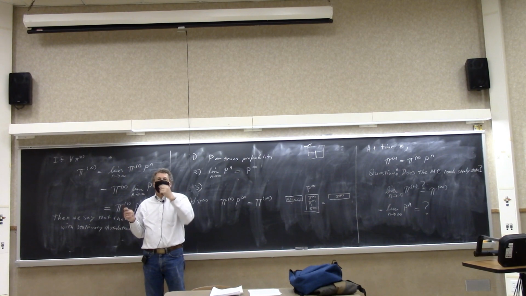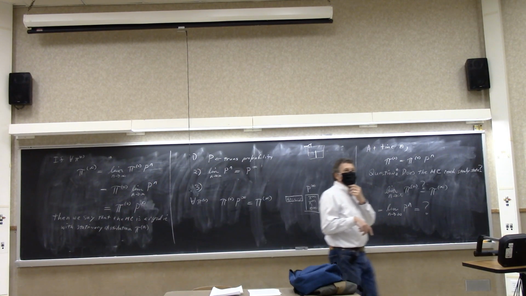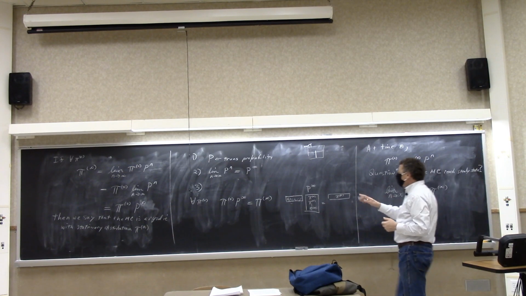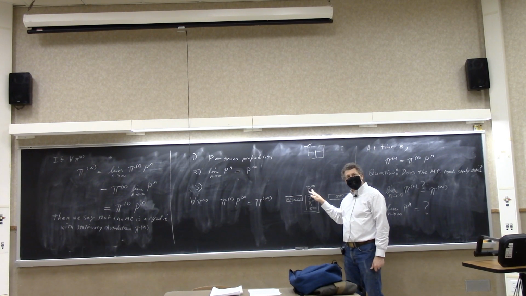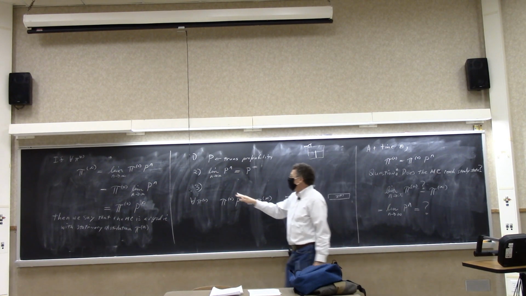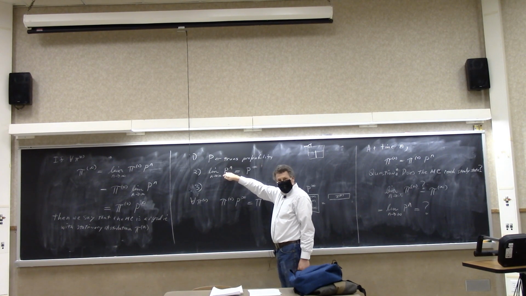You're absolutely correct. But you said making conclusions about P infinity. That is prefaced on the assumption that P infinity exists. Yes. So if the limit does exist, from a mathematical point of view, I have a matrix P, right?